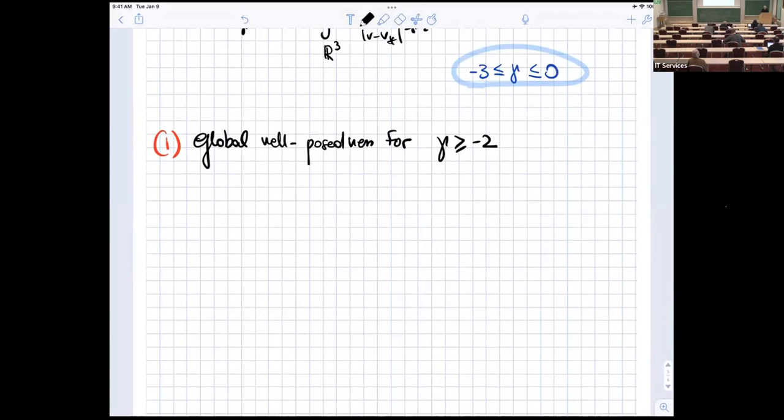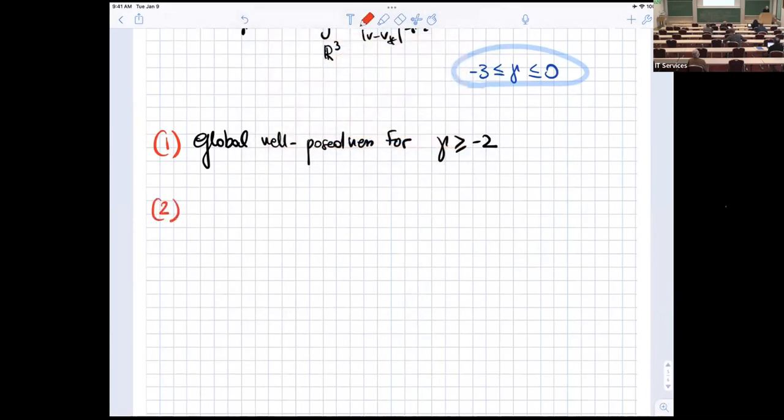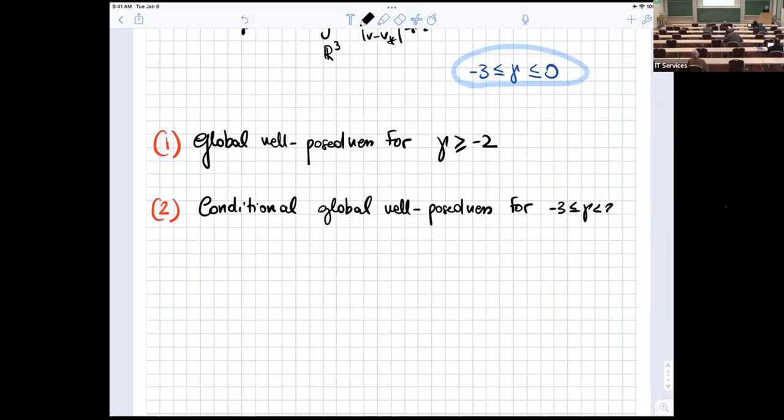Okay. So the second result is a conditional global well-posedness for the more singular potentials.